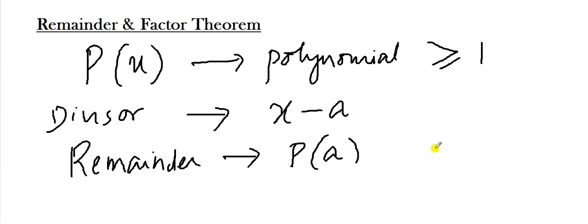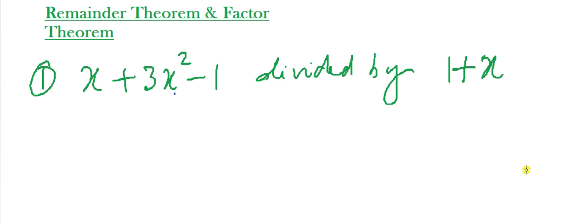Now I'll take up examples from the long division process video, so that I can also relate them using the long division process. Okay, so now I have taken this example. So I will try to find my remainder when this particular polynomial is divided by this.